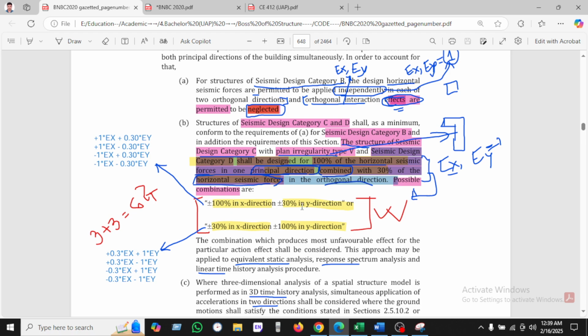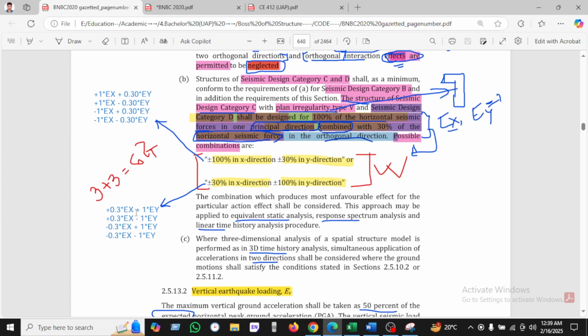These are the first direction, and another condition is given: 30% in x direction, plus minus 30% x direction, and plus minus 100% in y direction. So we have here plus 0.3Ex and plus 1 Ey, plus 0.3Ex minus 1 Ey, then minus 0.3Ex plus 1 Ey, and minus 0.3Ex and minus 1 Ey. These are the combinations coming here.